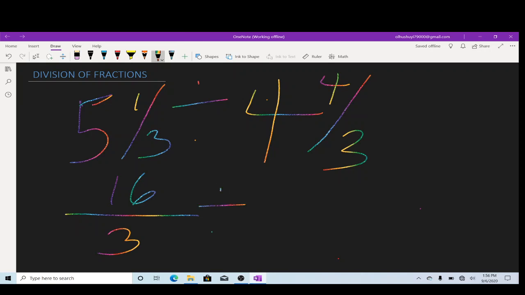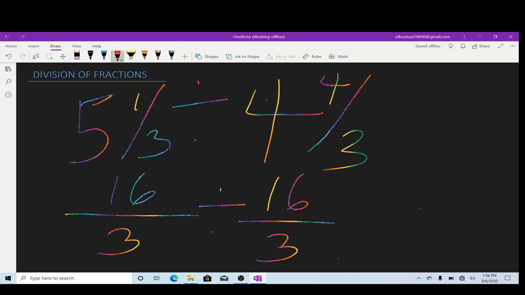You are still maintaining your division sign. 3 times 4 is 12 plus 4, you have 16 upon 3 too. Can you see that? So 16 upon 3 divided by 16 upon 3.